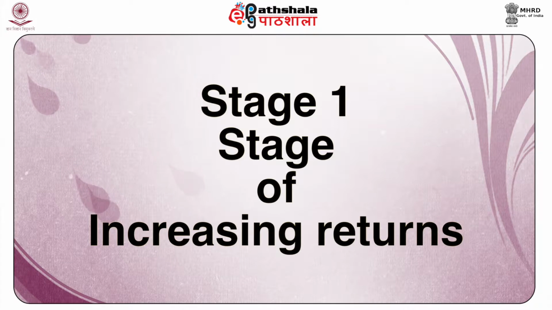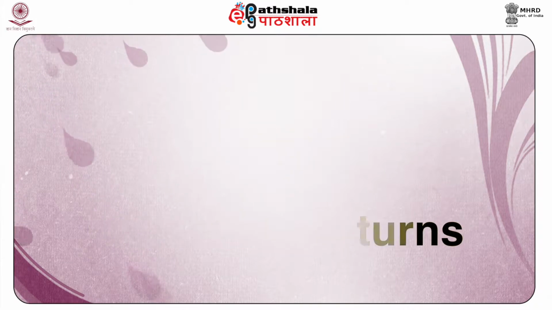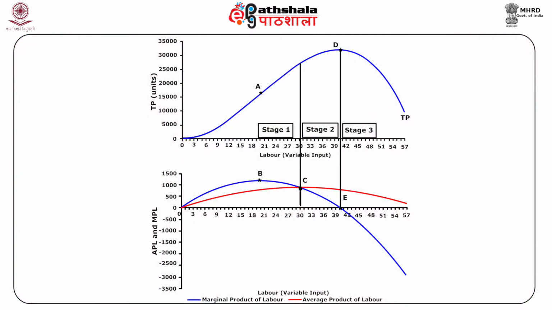Stage 1: stage of increasing returns. In the above figure, it has been shown that in this stage, the total product curve, that is TP curve, increases at an increasing rate from the origin to point A. Or in other words, the slope of TP curve is increasing up to the point A. That is, TP curve is convex in shape.